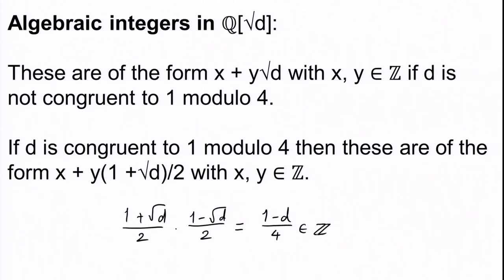Remember, D is congruent to 1 modulo 4. And the sum of this element and its conjugate is also an integer. So, you can easily construct a degree 2 monic polynomial satisfied by the element 1 plus root D upon 2 when D is congruent to 1 modulo 4.